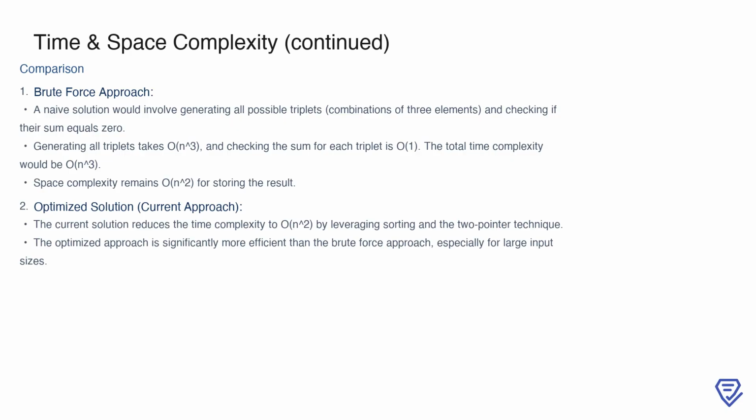The space complexity, however, remains O(n²), as it still requires storage for the result list. In contrast, the optimized solution leverages sorting and the two-pointer technique to reduce the time complexity to O(n²). This improvement makes the current approach significantly more efficient than the brute force solution, especially for large input sizes, while maintaining the same space complexity.